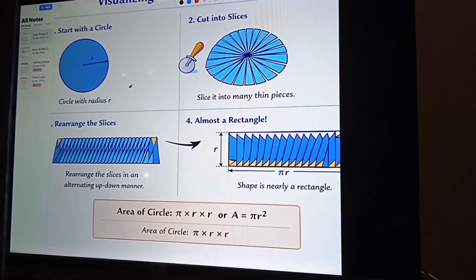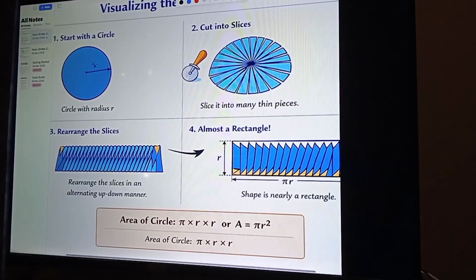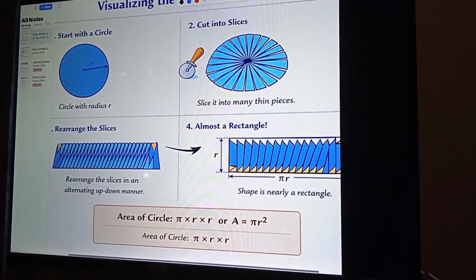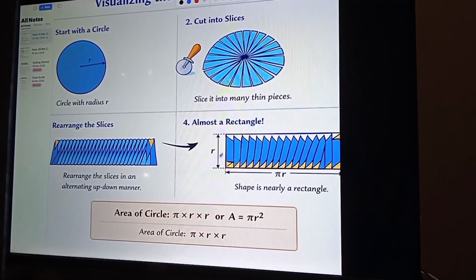To derive the area of a circle from a rectangle, we cut this circle into small slices, like if you cut a pizza into small pieces like this, and then rearrange them to form a rectangle. So this way it becomes a rectangle.